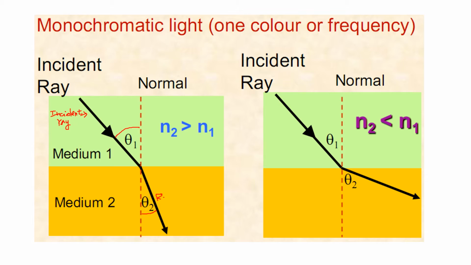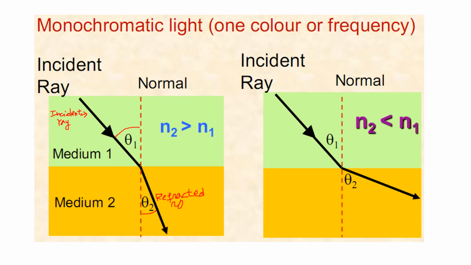This ray is called the refracted ray. This refracted ray is approaching the normal because medium 2 is denser than medium 1.